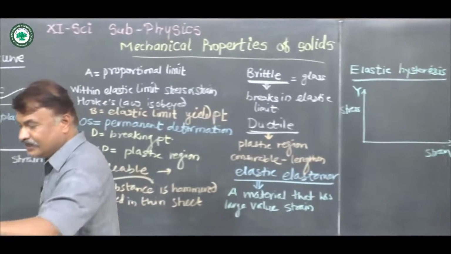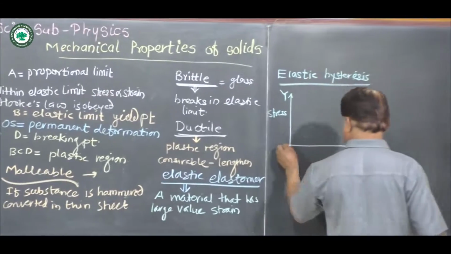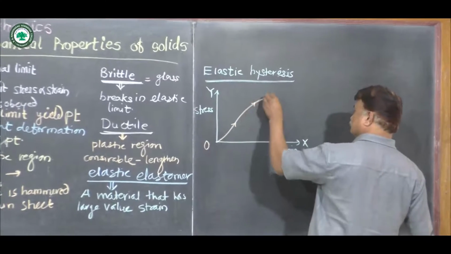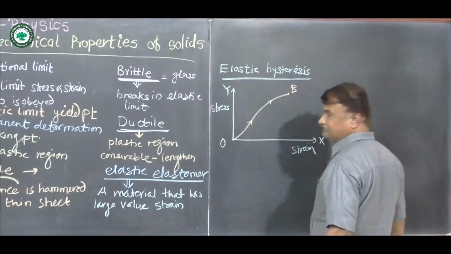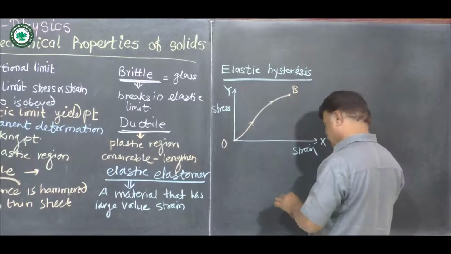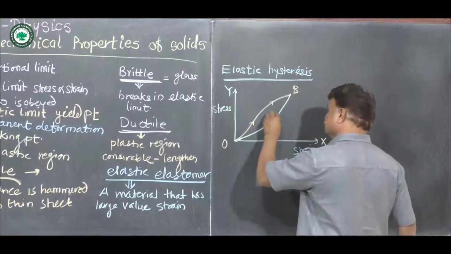If we consider increase in the load, then stress curve is as like this one up to this point when we increase the load, and when we decrease the load, the nature of graph is as like this one.